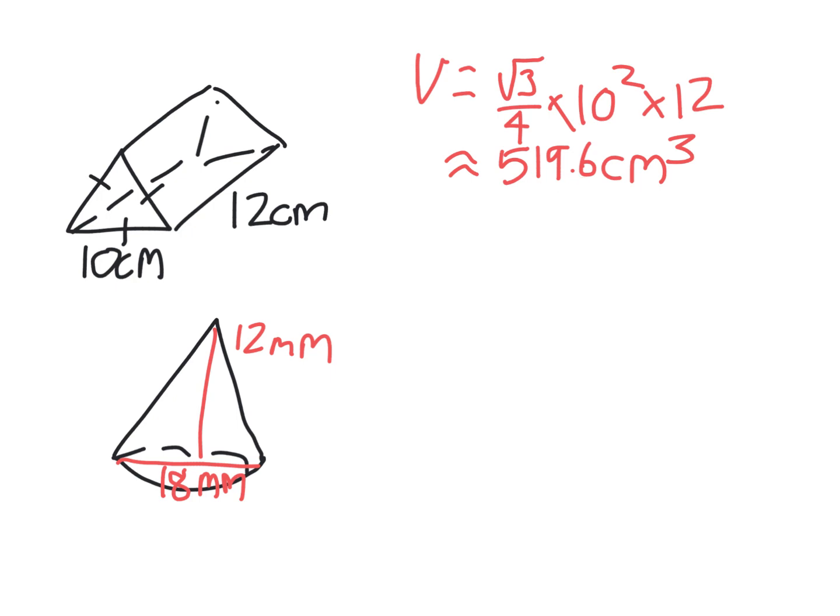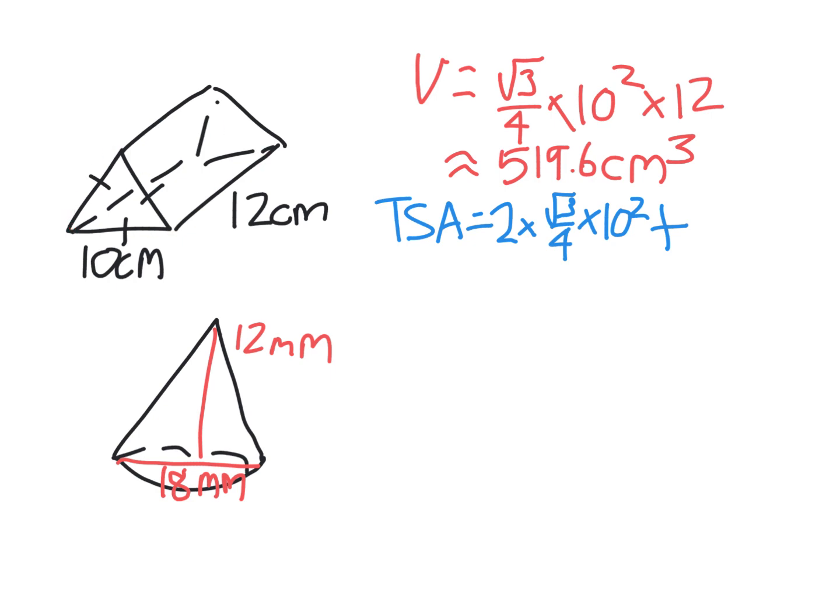So for the surface area of this shape, we just add the area of each of its faces. So we know that the triangles are going to have area root 3 on 4 times 10 squared, and there are 2 of them, which is why we multiply by 2. Now we have to add the area of the 3 rectangles. Well, it's just going to be 10 times 12 plus 10 times 12 at the bottom plus 10 times 12 on the side.